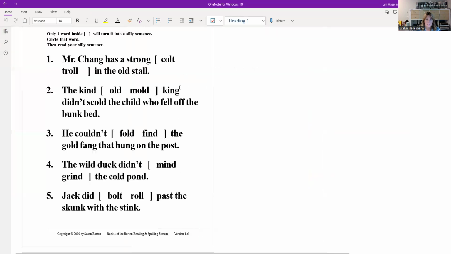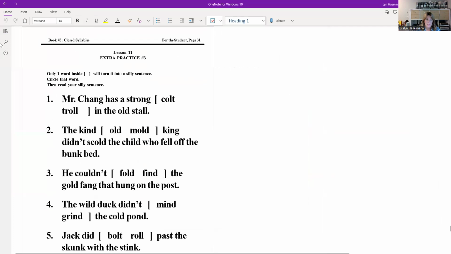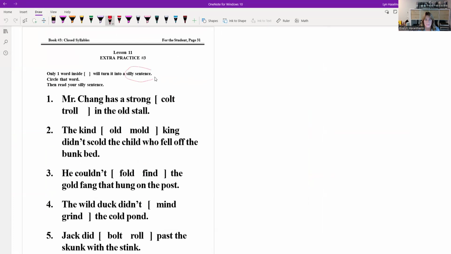The first one, just as a reminder, you're starting in book 3. This will be extra practice number 3. Only one word inside will turn this into a silly sentence. The correct silly sentence is: Mr. Chang has a strong troll in the old stall.